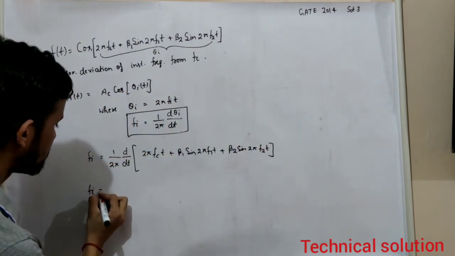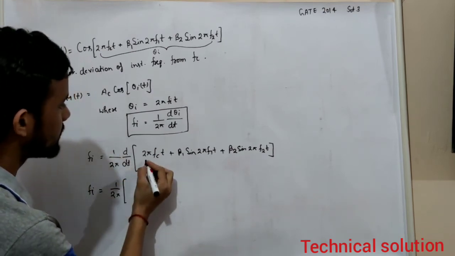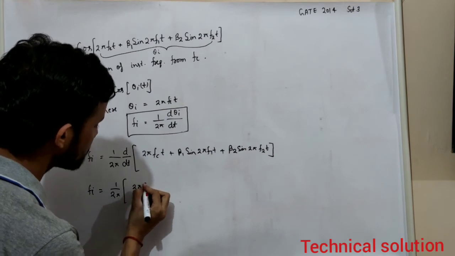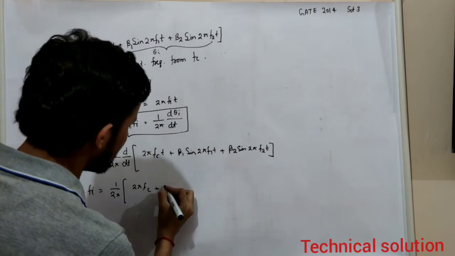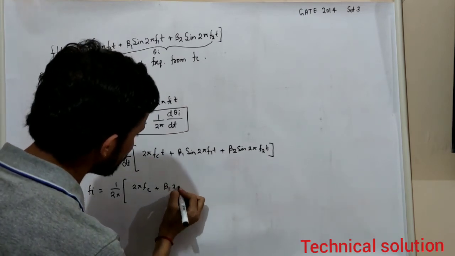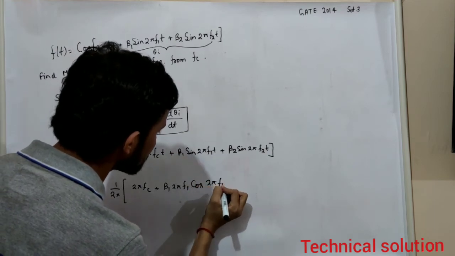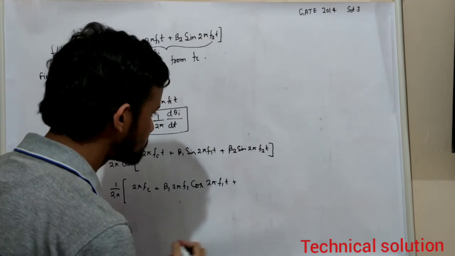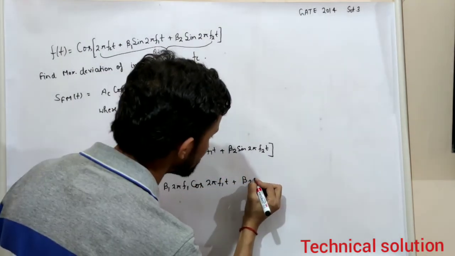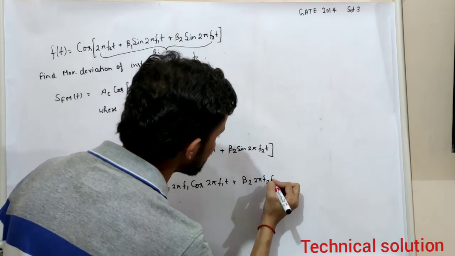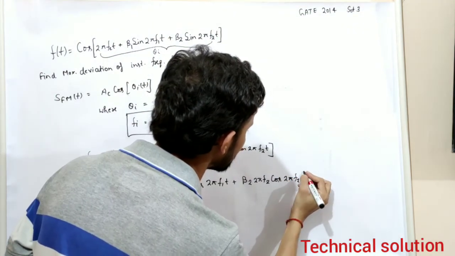Then differentiate this equation. 1 upon 2 pi d by dt of 2 pi fc t is 2 pi fc, plus the differentiation of sin is cos, giving beta 1 into 2 pi f1 cos 2 pi f1 t, plus the differentiation of beta 2 sin 2 pi f2 t, which is beta 2 into 2 pi into f2 into cos 2 pi f2 t.